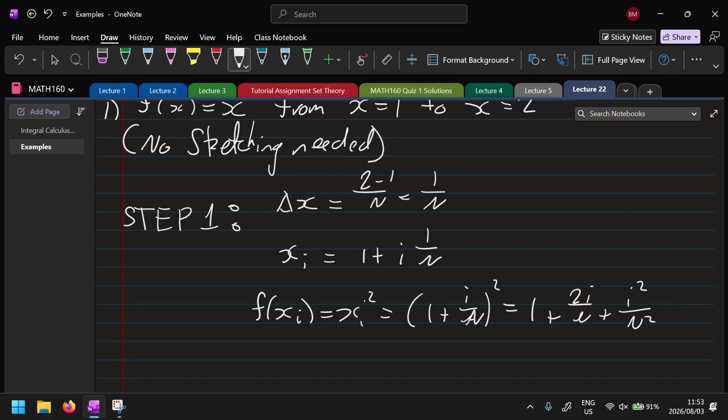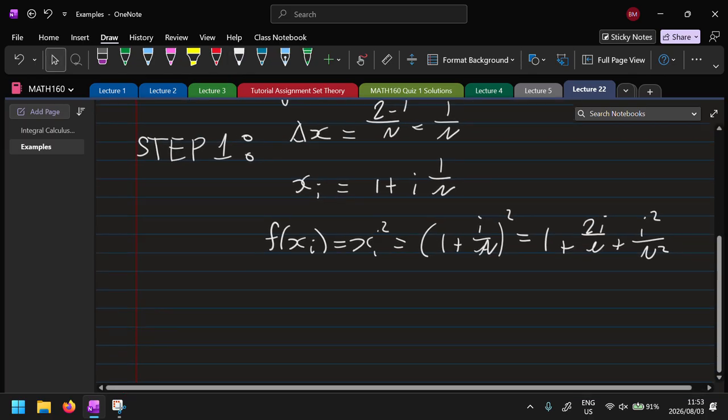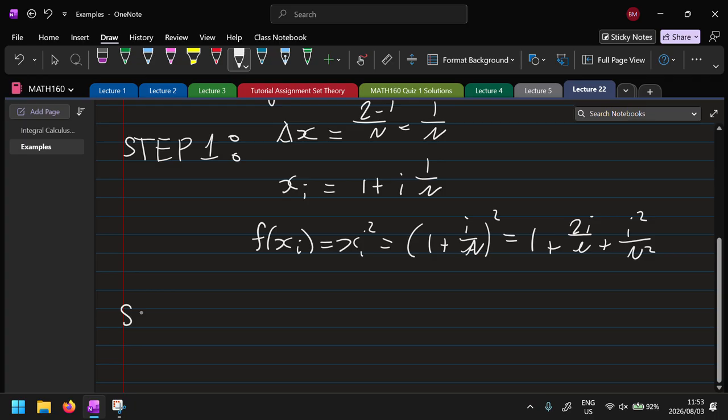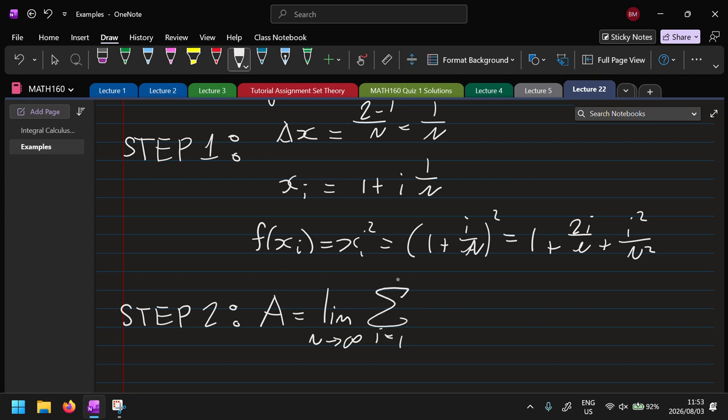Step 2 is to then take whatever we calculated here and substitute into that formula. Again, you need to know that formula. Okay, so step 2, a equals the limit, n goes to infinity, the sum I equals 1 to n, f of xi delta x.